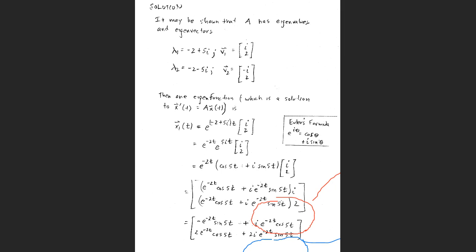Now, what we're going to do is this e to the 5it. How many of you have heard of Euler's formula, where e to the i theta equals cosine theta plus i times the sine of theta? It can be proven using Maclaurin's series quite easily. But how many have seen that maybe in another class?